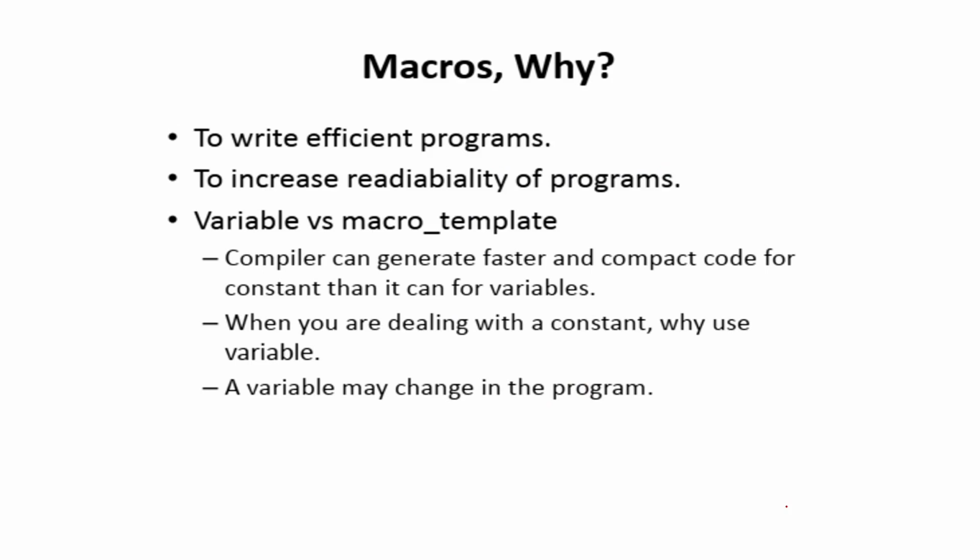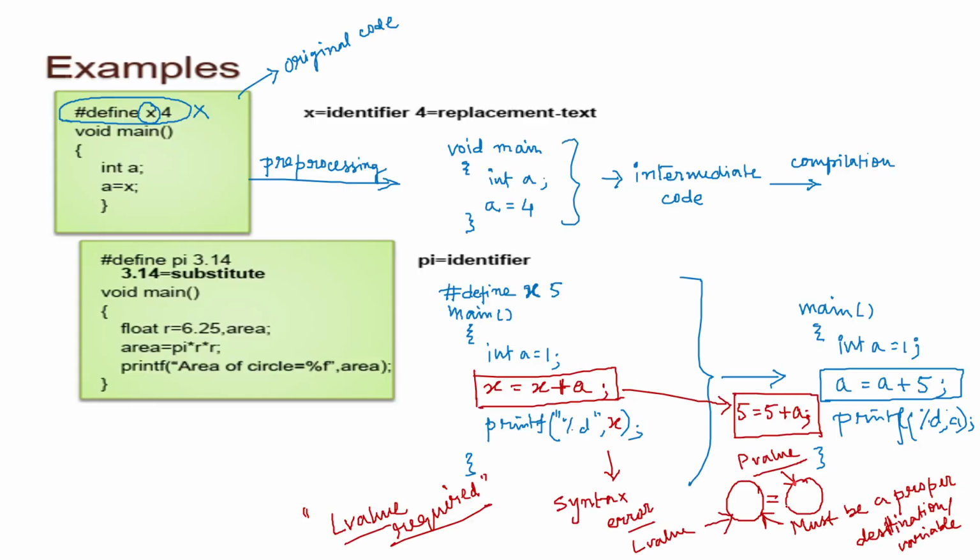Naturally the question will come: why should I write a macro? Because in some cases writing a macro creates a very efficient program. By the way, a very important point is that you cannot mix a macro with a variable.